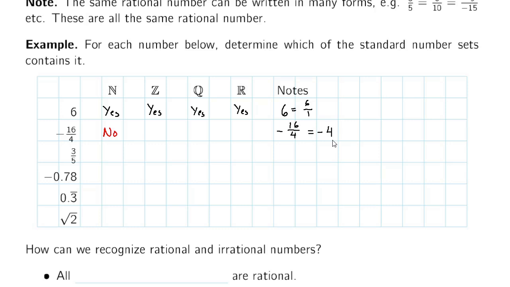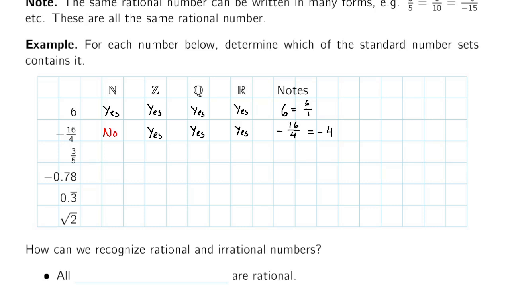So -16/4, yeah, that's an integer, right? That represents the integer -4. Is it rational? Well, yeah, it's already written as a fraction. It's definitely rational. And then every rational number is also a real number.